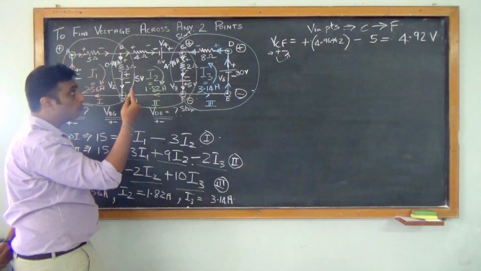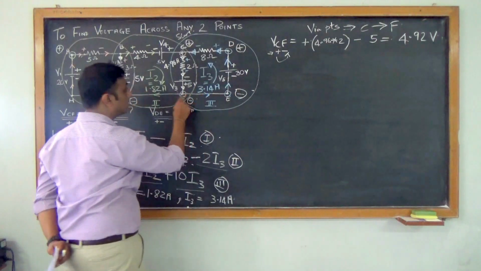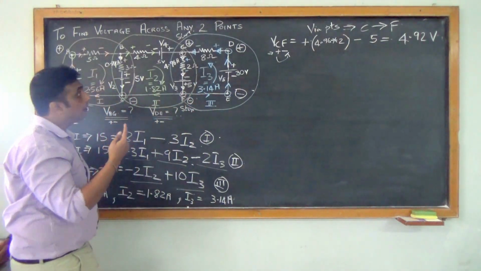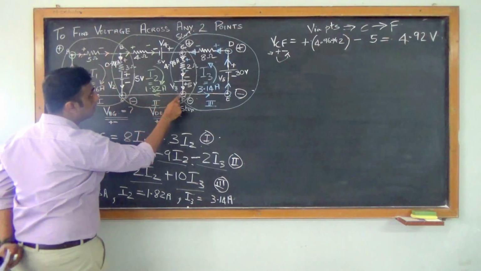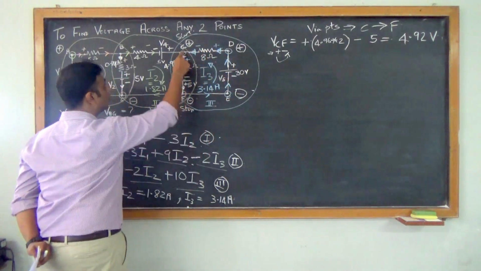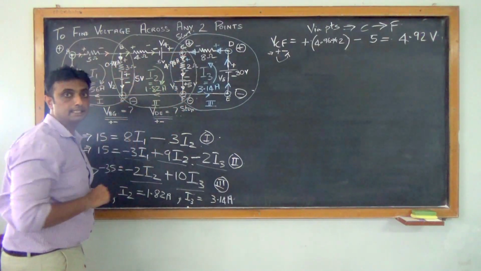Now you can even go via points C to D, D to E and E to F. You can even go via points C to B, B to G and G to F. So you can either go in this loop, or you can go in this loop, or you can go directly. Your answer should come the same.